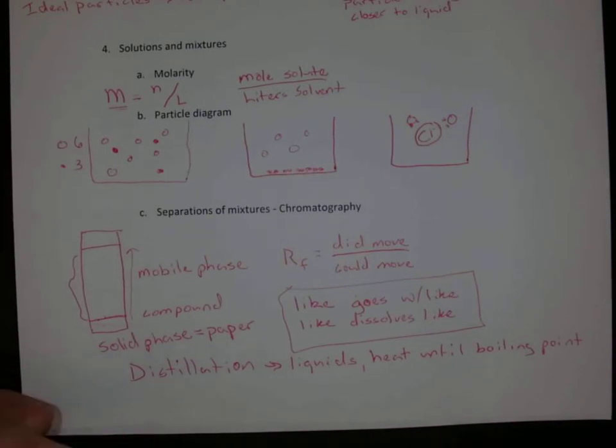So distillation is again separating by intermolecular forces. When we heat it until we hit the first boiling point, we're going to collect whatever gas comes off, and then we'll keep on heating it until we collect the second gas that would come off, okay?